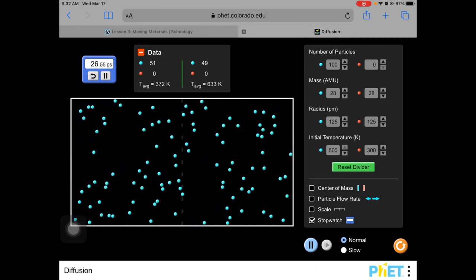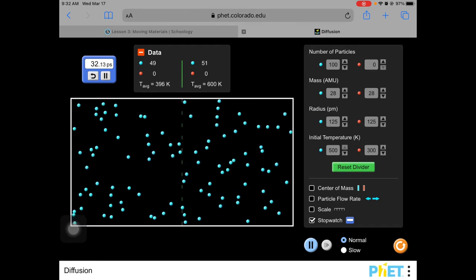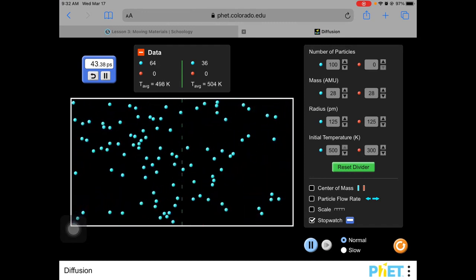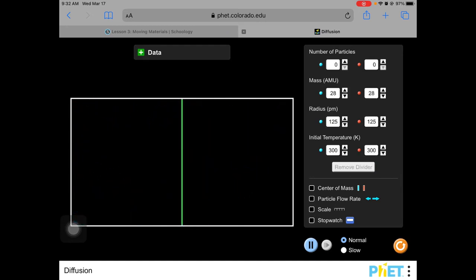So that took about 23 or 24 seconds, which is significantly less than it was originally. So I can see how temperature then affects the rate of diffusion. The higher the temperature, the faster the rate of diffusion.